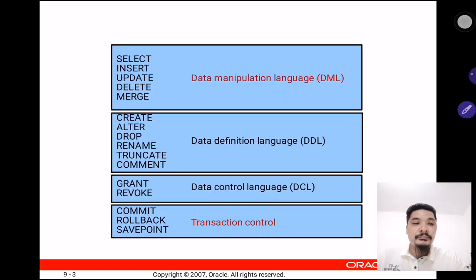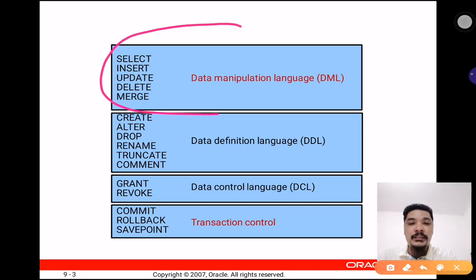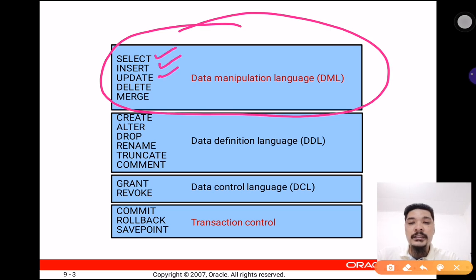So we are supposed to be here, right? This is data manipulation language. The keywords for DML, as you see here, are select, insert, update, delete, and also merge. These are the common clauses for data manipulation language.